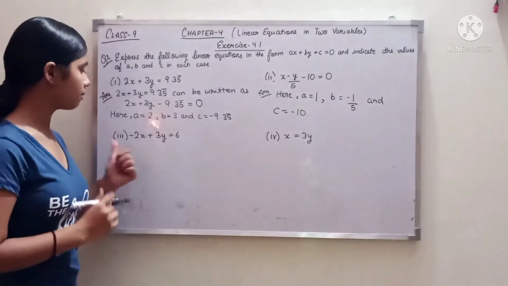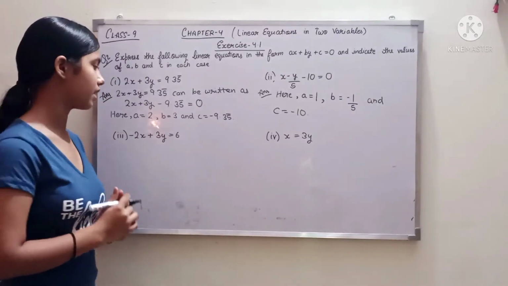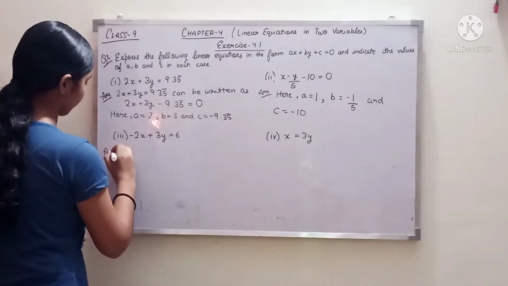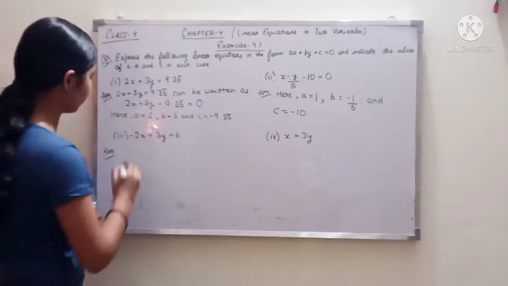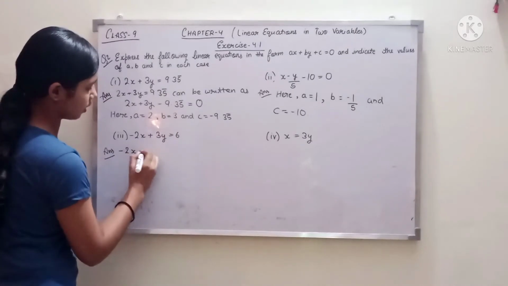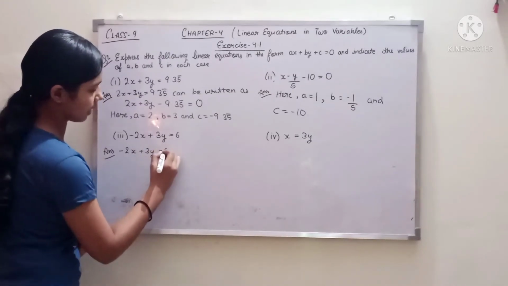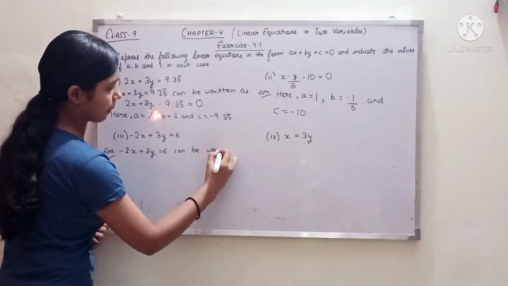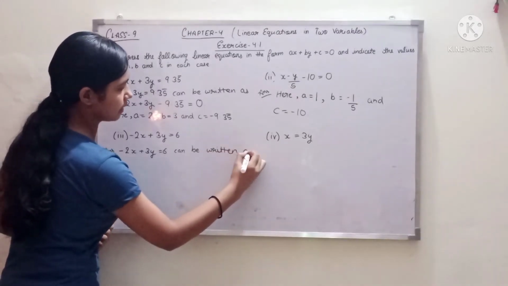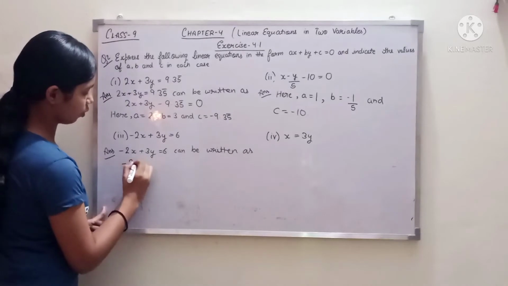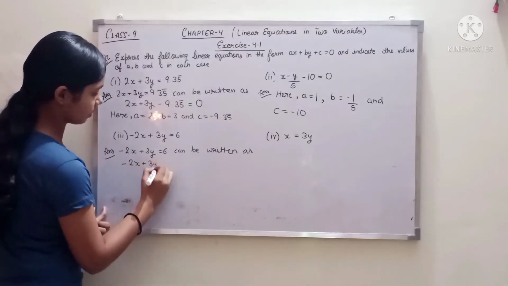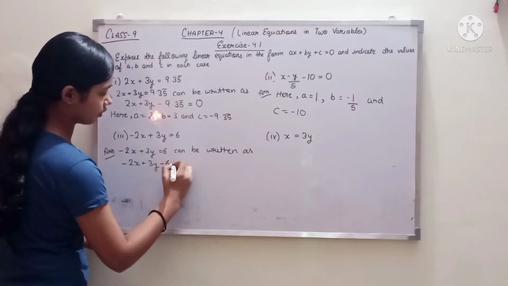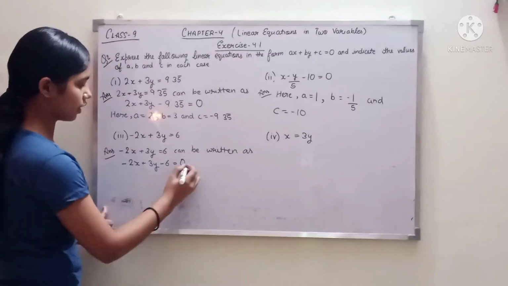Now coming to the third part. The third part is minus 2x plus 3y is equal to 6. How can we write it? Minus 2x plus 3y is equal to 6 can be written as minus 2x plus 3y, here it is positive, here negative, minus 6 is equal to 0.